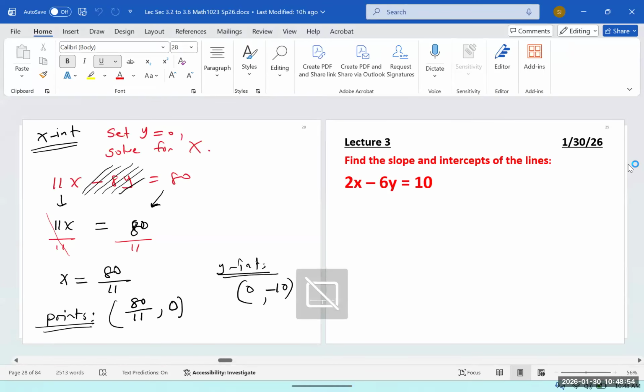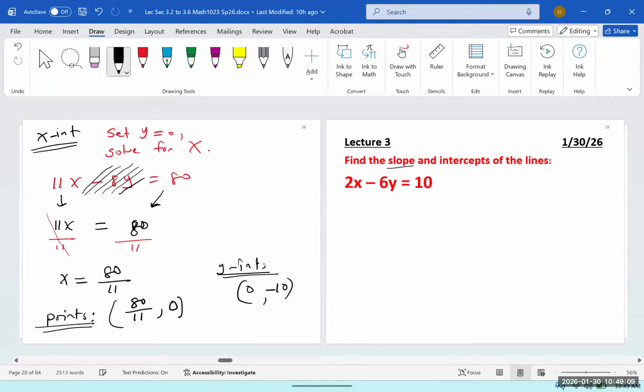I hope from yesterday you remember how to find slope and intercept. Let me refresh your memory if you don't remember. To get the slope, we convert the standard form into slope intercept form, y equals mx plus b.